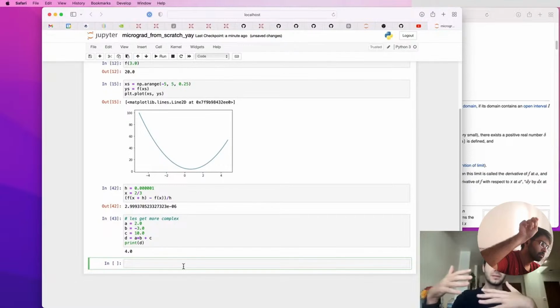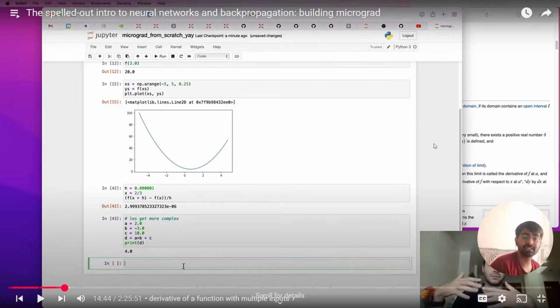And think through. Okay, so when he says derivative of d with respect to a, b, and c, what he actually means is how much the value of d gets affected when I make some changes in the value of a. That means derivative of d with respect to a. Okay, that is the concept.